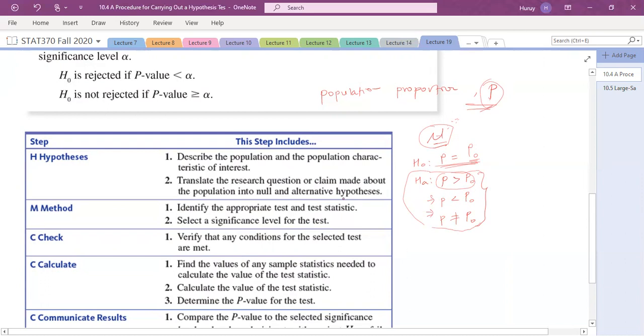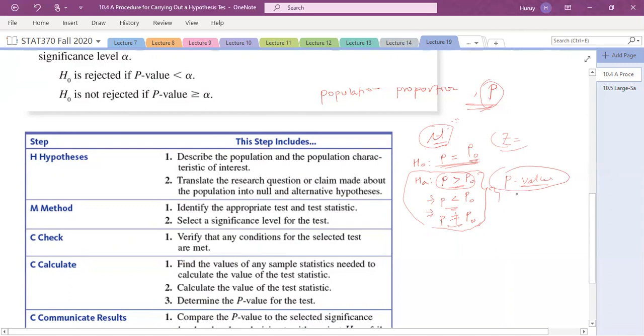Yeah, because the follow-up or the calculation depends on this, not in particular the p-value. The p-value for the same problem, for the same calculation, for the same value of z, will be different depending on these three choices. Even if everything is the same, just because of these three, the p-value is not the same.